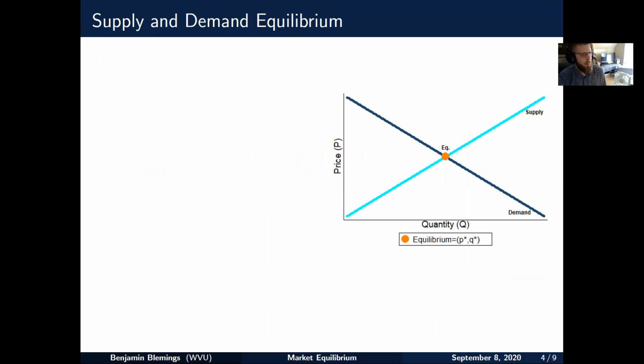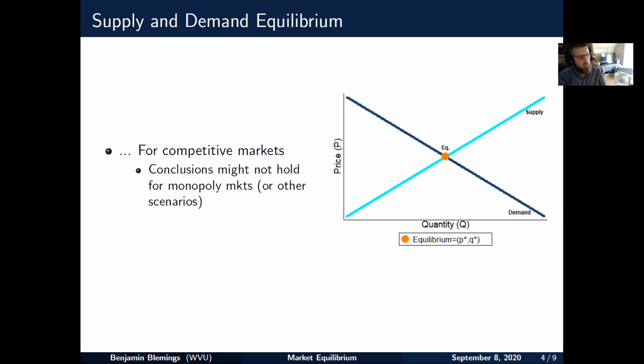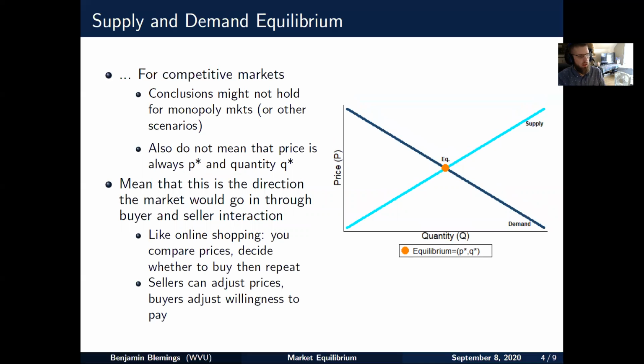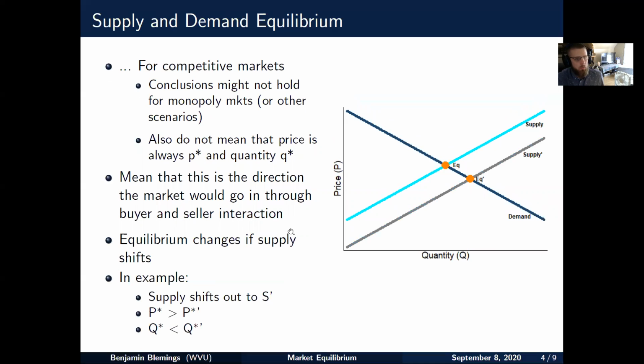Pretty simple. So supply and demand, we have this equilibrium point where they intersect. For competitive markets, might not really hold for monopoly markets, but we'll start with these competitive markets. And it just means that this is the direction that prices will go towards. It doesn't necessarily mean that it's always prices, but it's sellers and buyers adjusting and negotiating the price that leads price to go towards this equilibrium price.